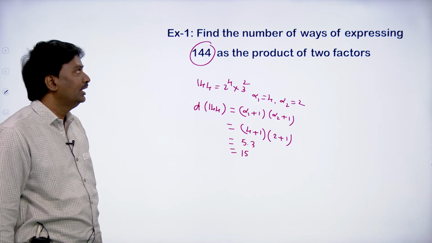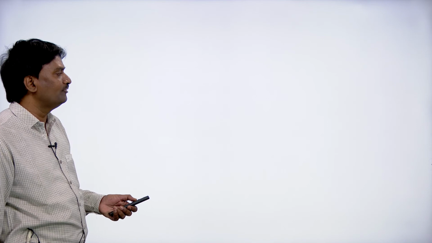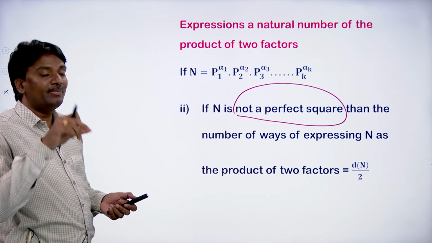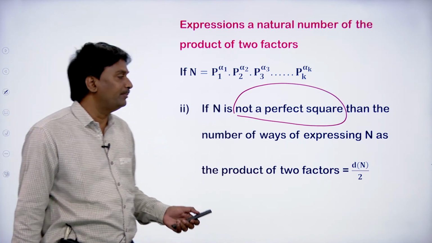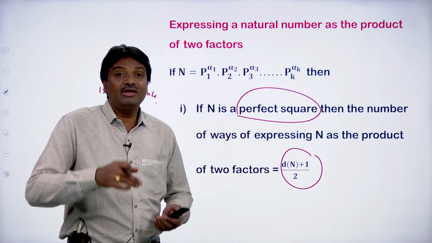To find the number of ways of expressing 144 as the product of two factors: when n is not a perfect square, we use the formula d(n) by 2; when n is a perfect square, we use the formula (d(n) plus 1) by 2.